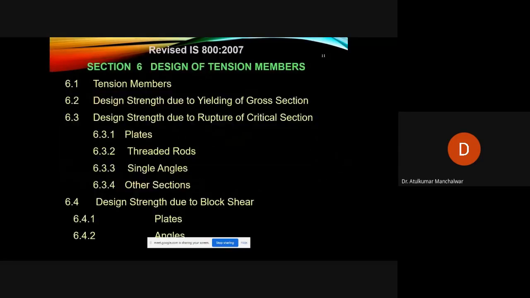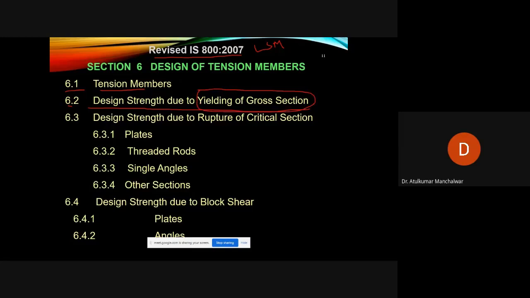So what are the design provisions? The most important thing is the design provisions provided in the revised IS code, that is LSM, limit state method, IS 800:2007. Clause number 6.1, tension member. 6.2, design strength due to yielding of gross section. This means the chances of failure of your tension member due to yielding of the cross section.